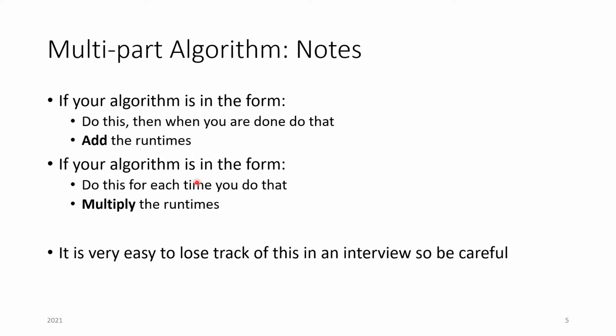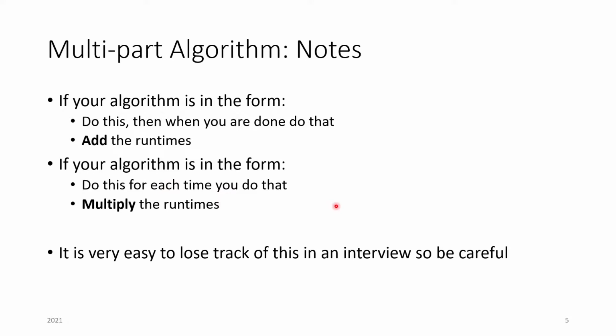So the general rule is that so long as your algorithm is like: do this, and when you're done with that, you go on to some other operation, you add them together. But if you need to do this each time you do that, then you multiply the runtimes together.